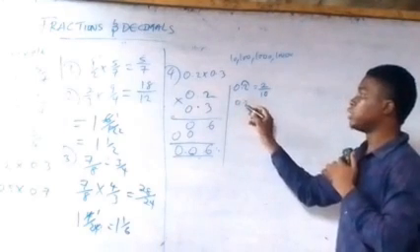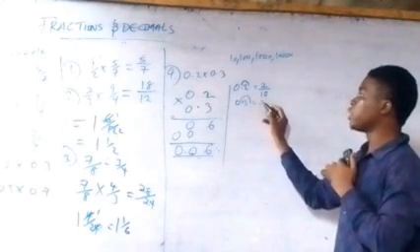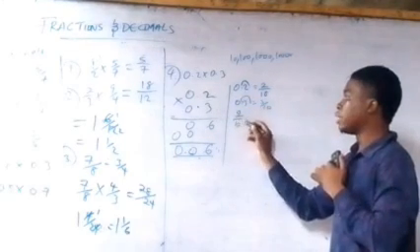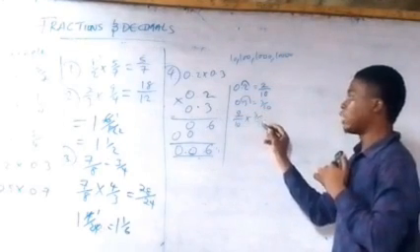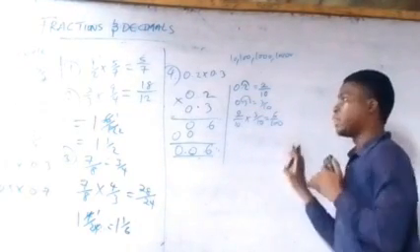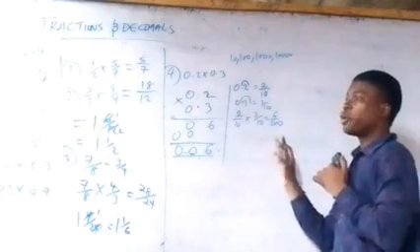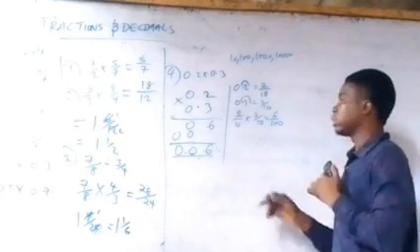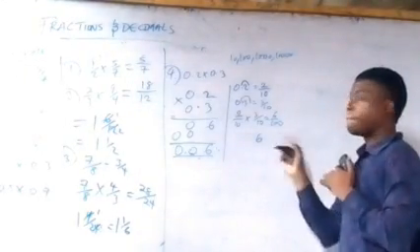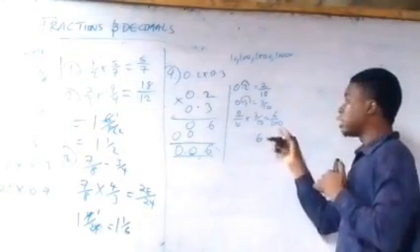For 0.3, it's the same thing. Move 1, we have 3 over 10. So multiply it. 2 over 10 times 3 over 10. We have what? 6 over 100. You can leave it as a fraction. And if you want to bring it back to decimal points, whenever you are dividing by 10, 100, like that, how many zeros?